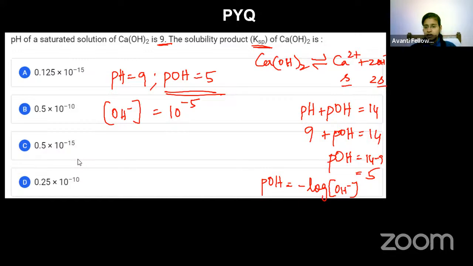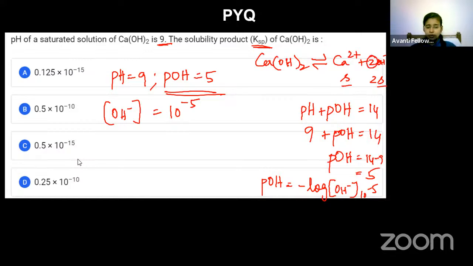So only if I have OH minus as 10 to the power minus 5, pOH will come out to be 5. Got it? So 10 to the power minus 5 is the concentration of OH minus.